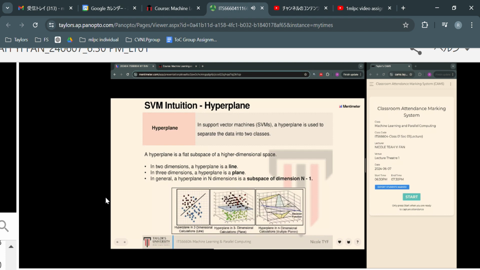In a two-dimensional space, as in the example we showed earlier, the hyperplane is just a line. In a three-dimensional space, the hyperplane is a plane or a surface. In general, as we map this into more and more dimensions, it will form a subspace of dimension n minus 1 within the space of our data points.